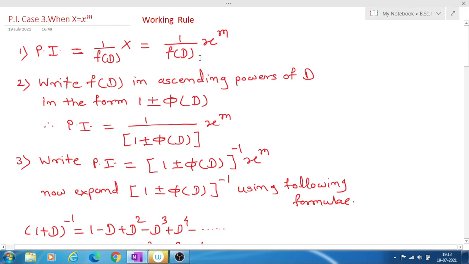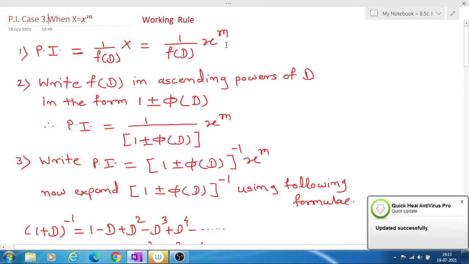Now in this case capital X is x raised to m, therefore PI is equal to 1 upon f(D) operating on x raised to m. So you write here what is f(D) in your differential equation.